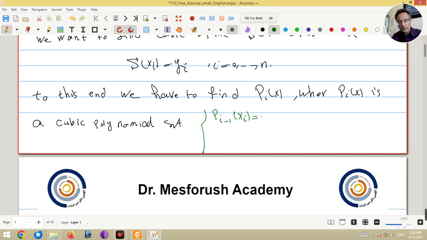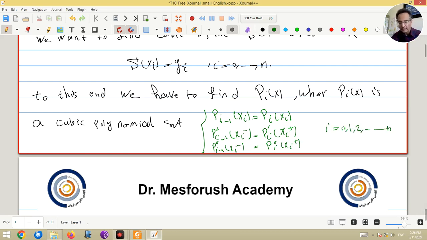Pi at xi should be equal to pi minus 1 at xi. Pi minus 1 prime at xi from left should be equal to pi prime at xi from right, and p double prime i minus 1 at xi from left is p double prime i at xi from right, for i equal to 0, 1, 2, and so on to n.